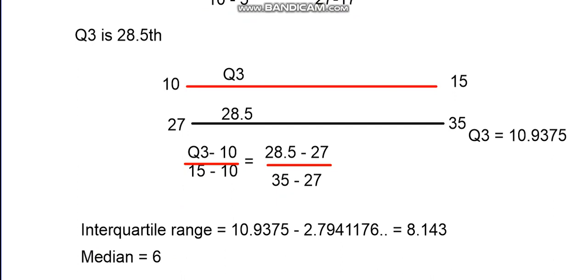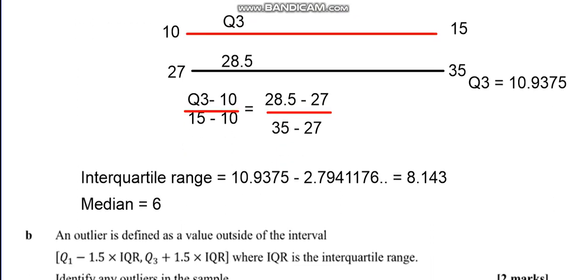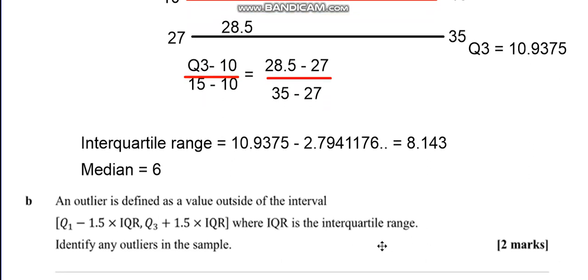Some of you are just not using that formula correctly. You're given the formula for outliers. It's Q1 minus 1.5 times the IQR. Remember, Q1 is this value here, 2.79. Some of you were using 9.5. 9.5 is the position of Q1, but Q1 is actually 2.79.